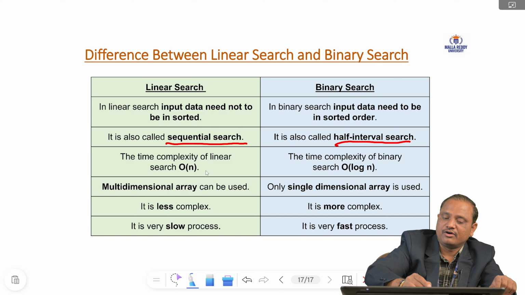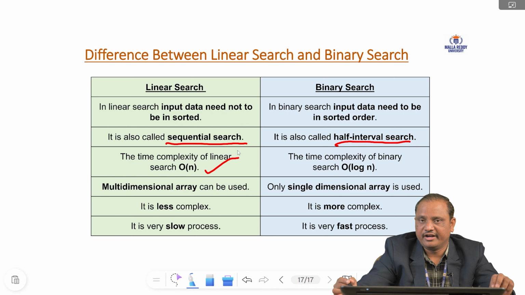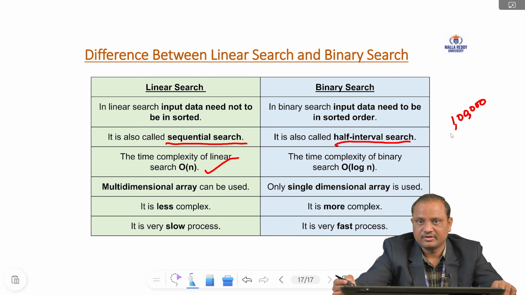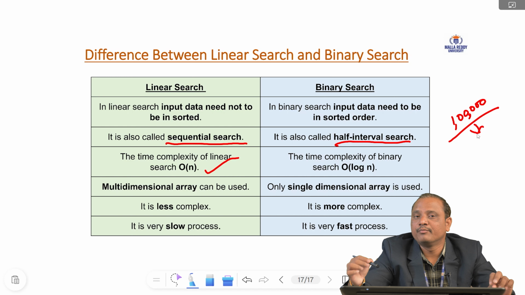Time complexity of linear search is big O of n. What is this big O of n? Already I have explained in linear search. For example, if you have 1 lakh elements in the array, then in the worst case situation, our target element is placed at the end of the array.